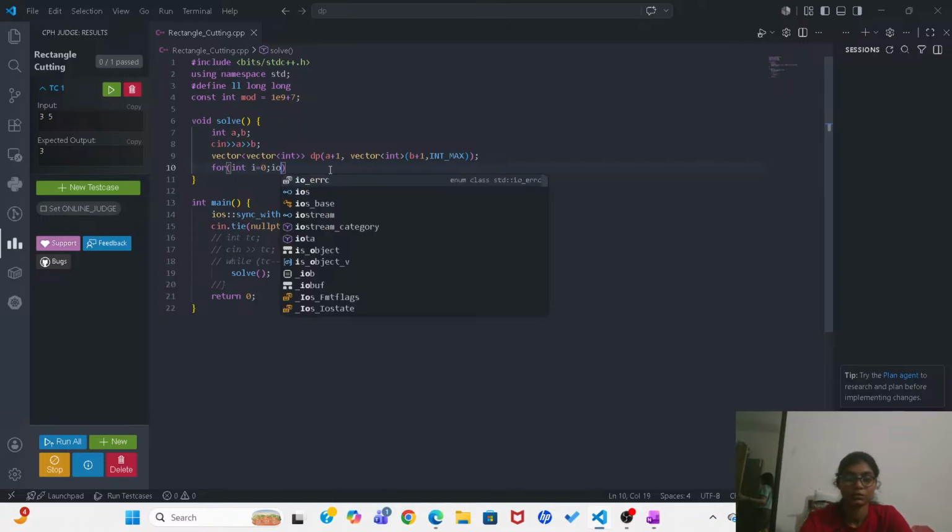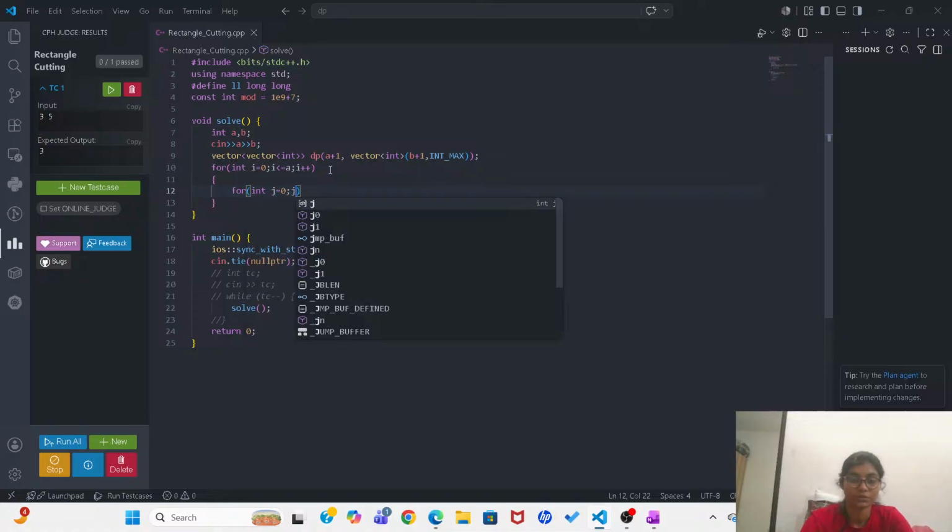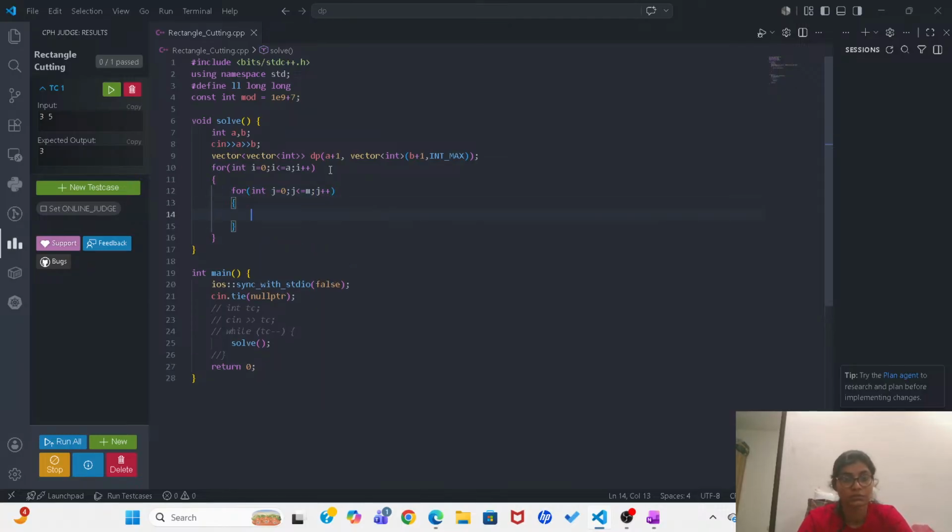I equal to 0, and J equal to 0. If I equal to 0 or J equal to 0, or if I is same as J, then the dp of I comma J is 0, right?